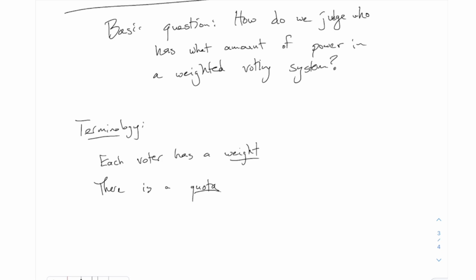In the Electoral College, it's how many votes do you need to win? 270, right. In order for the system to work properly, everybody has to know what the weights are and also what the quota is, how much you need to win. So the quota is the threshold of votes needed to win.